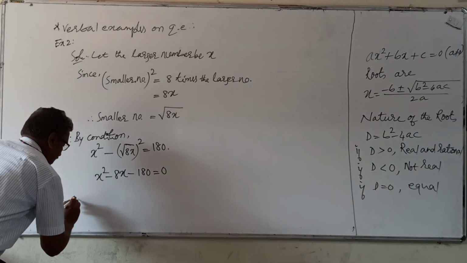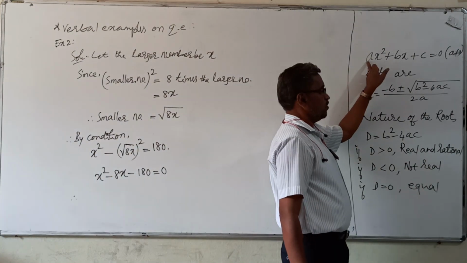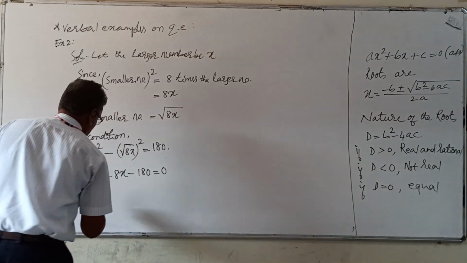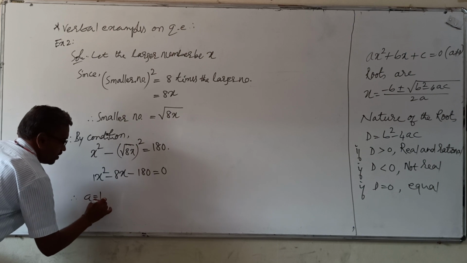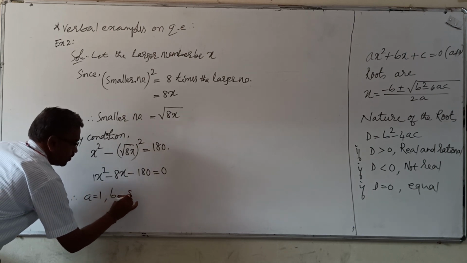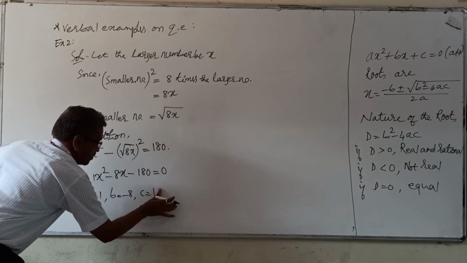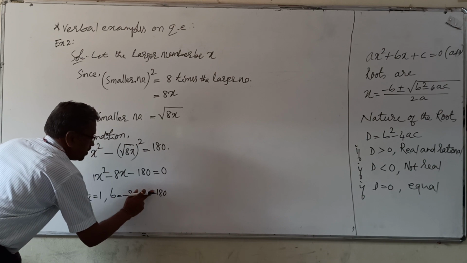Compare x square minus 8x minus 180 equal to 0 with ax square plus bx plus c equal to 0. That is a equal to 1, the coefficient of x square, b is equal to the coefficient of x, which is minus 8, and c is equal to the constant, minus 180.